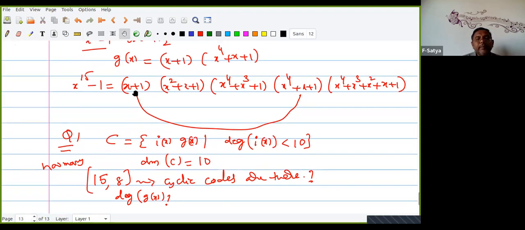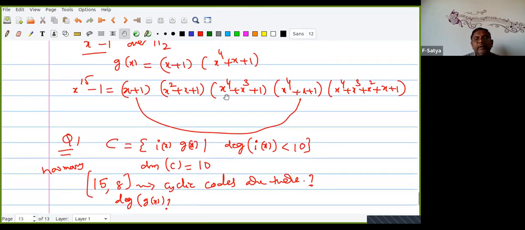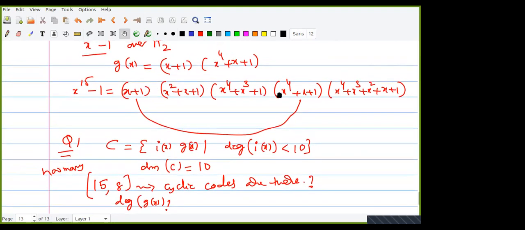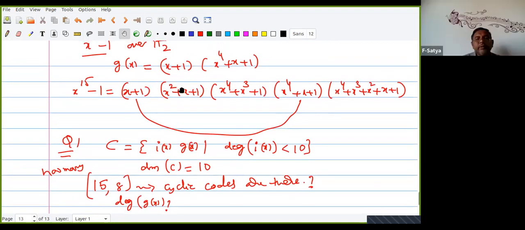First, I'll multiply these two and this one. What is the degree of the polynomial? 7, these two and this one. So you are able to calculate how many cyclic codes there are of dimension (15, 8) from this.